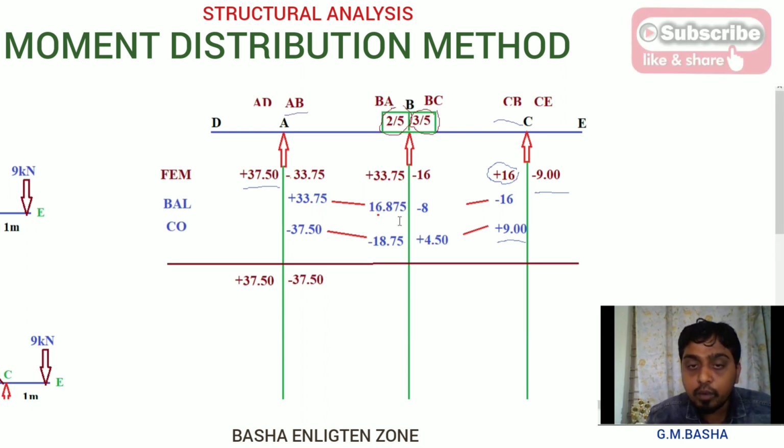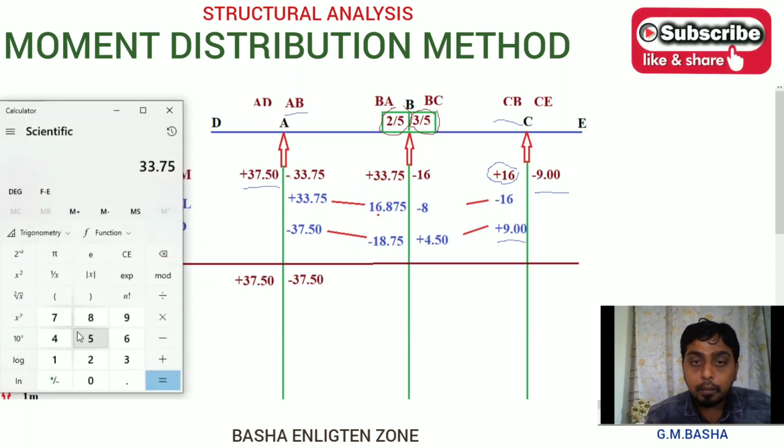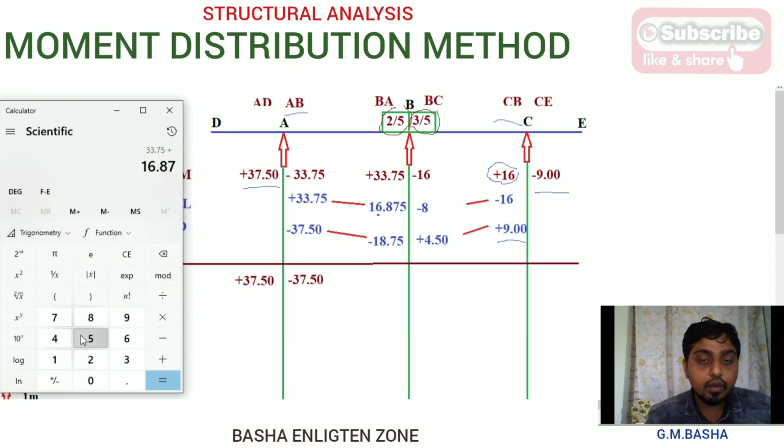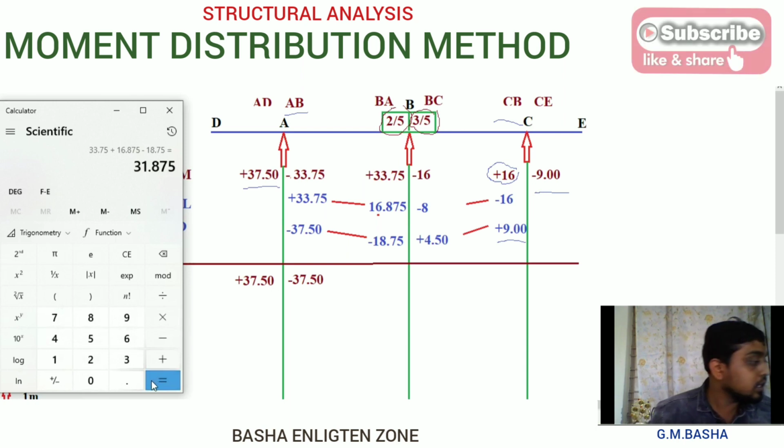Again, see here, plus 33.75 plus 16.875 minus 18.75. So add all these values. What you will get is 33.75 plus 16.875 minus 18.75. So finally you will get 31.875.